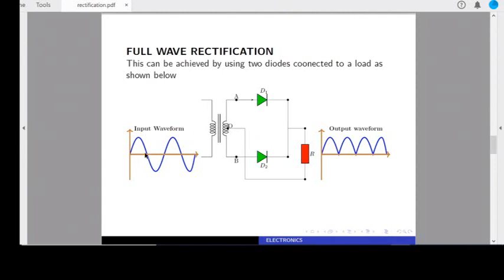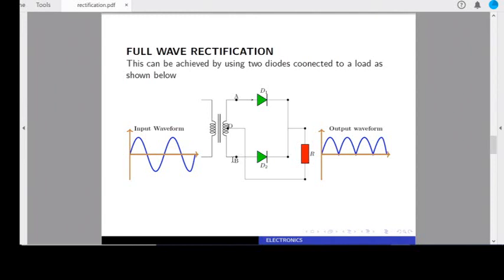In the next half cycle, it is the downward half cycle. So this implies that this point here is going to be positive. That means that this diode here is going to be conducting, since we have a forward bias.